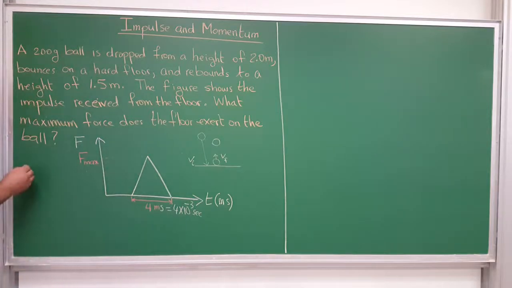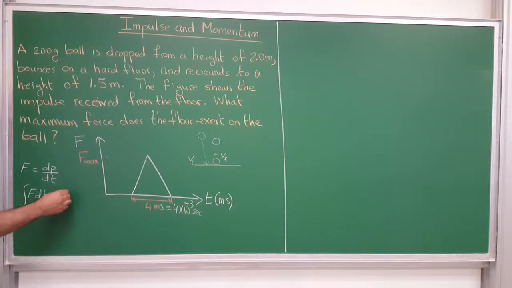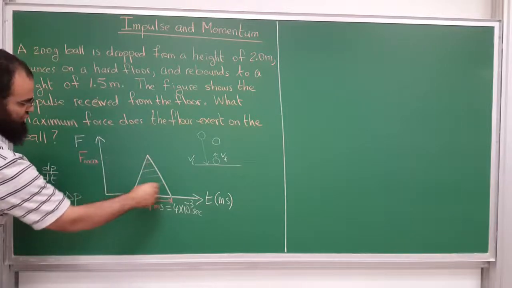Well, we know from Newton's second law that F is dp/dt, where p is the momentum, and so the integral of F dt is equal to the change in momentum.